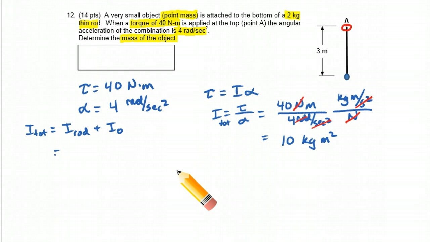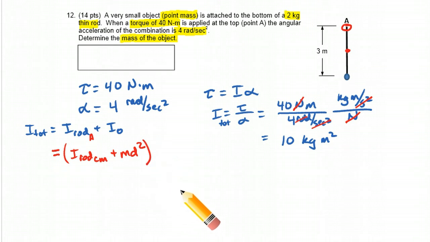So we're going to have to apply the parallel axis theorem because the rod's center of mass is right there. Okay. So I of the rod about point A is really I of the rod about its center mass plus md squared.